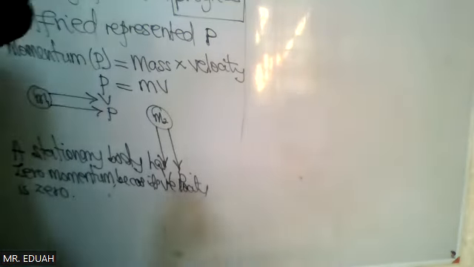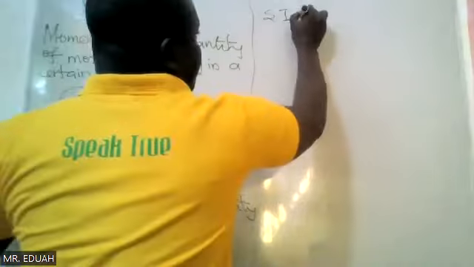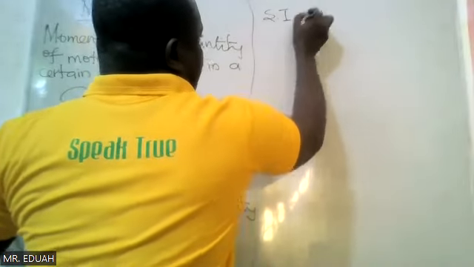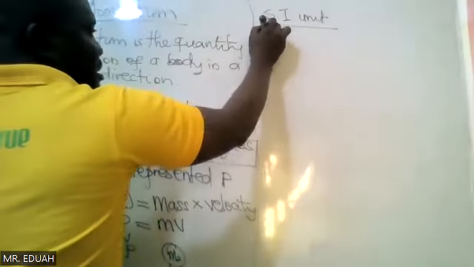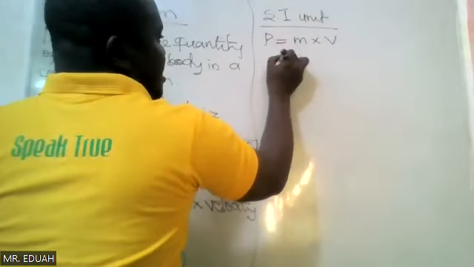Now, SI unit of momentum. Momentum P is mass times velocity.